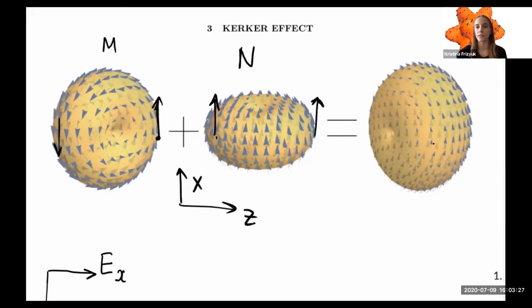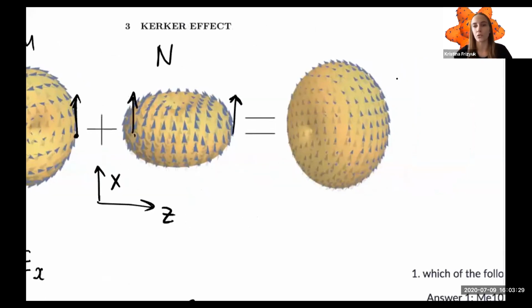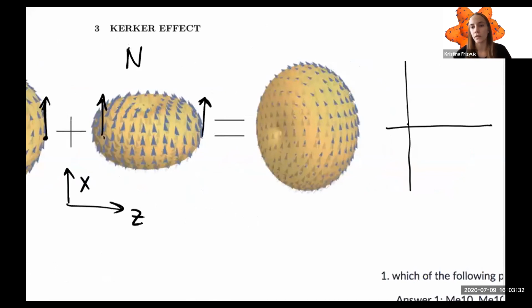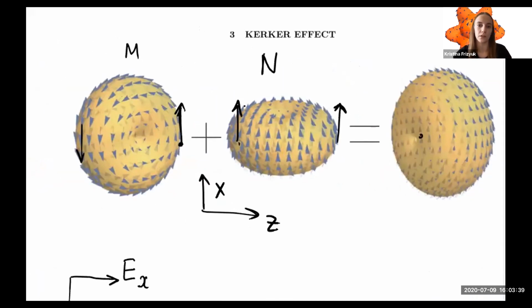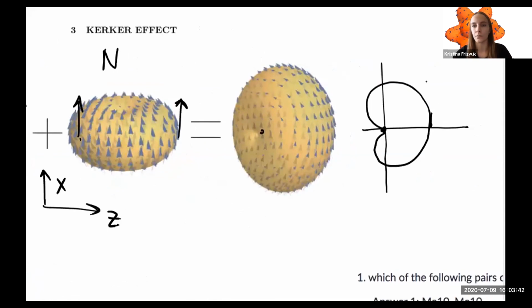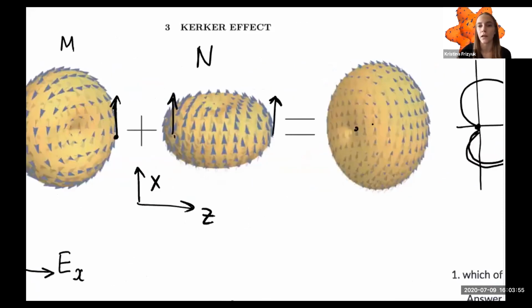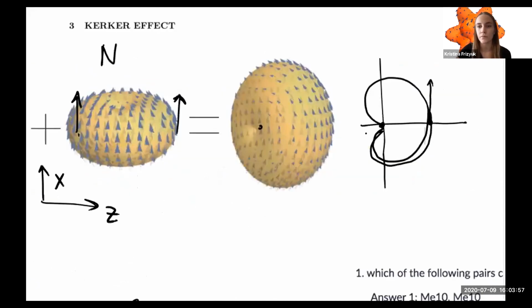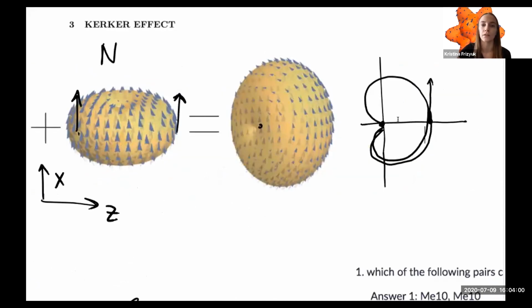So we got this kind of radiation pattern. If we draw the cross section, it will be something like a cardioid. So it is 0 here because arrows are in opposite direction, and it is multiplied by 2 in this point. So if we sum these two guys, we have something like forward scattering, and we have directivity in our scattering.